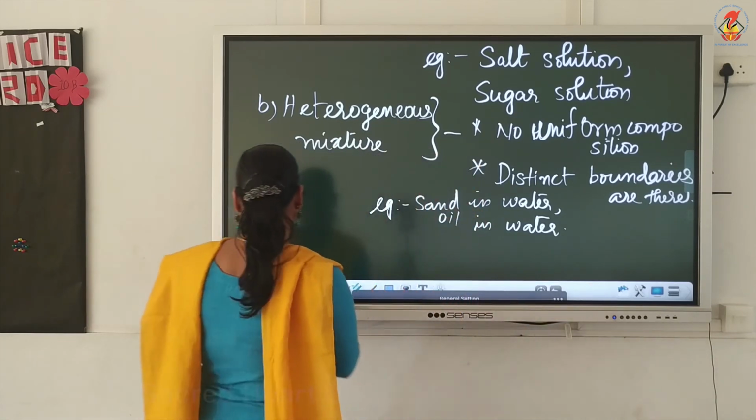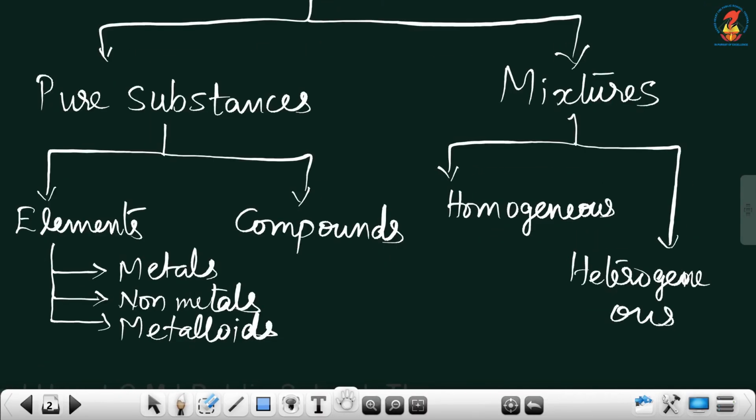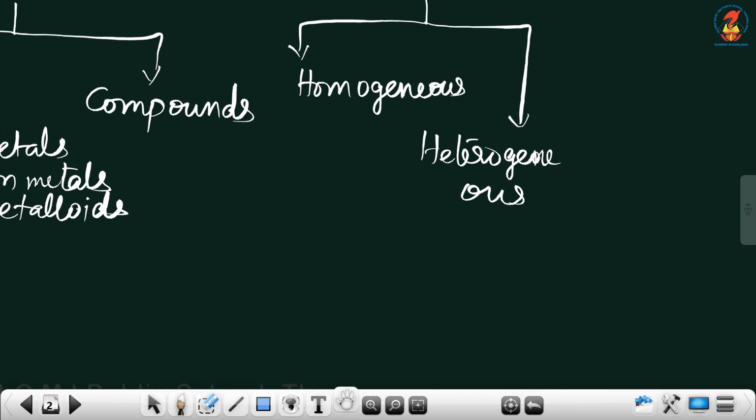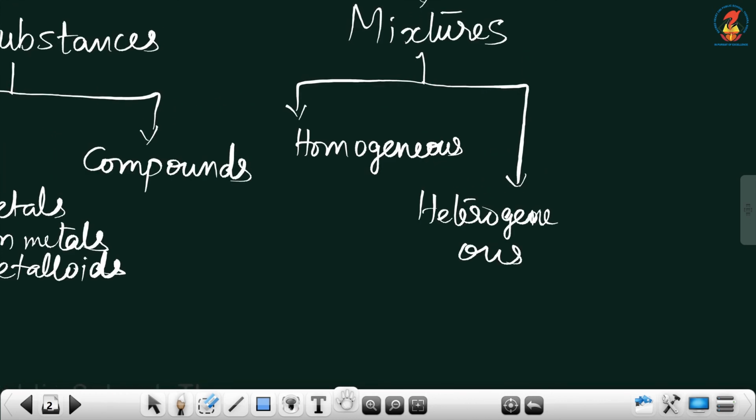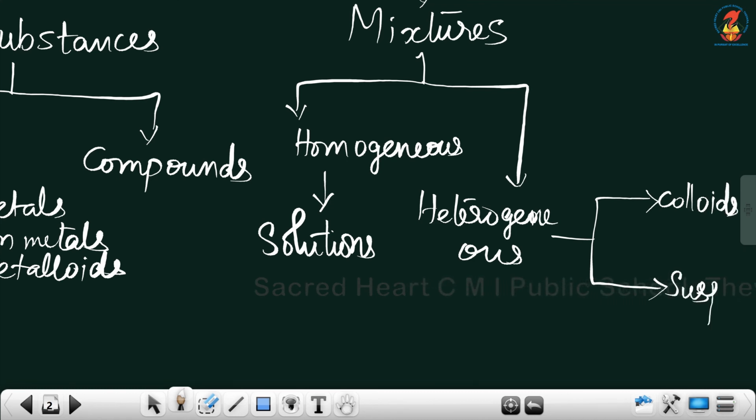Homogeneous mixtures are also known as solutions, whereas heterogeneous mixtures are again classified into two: the first one is colloids and the second one is suspensions.